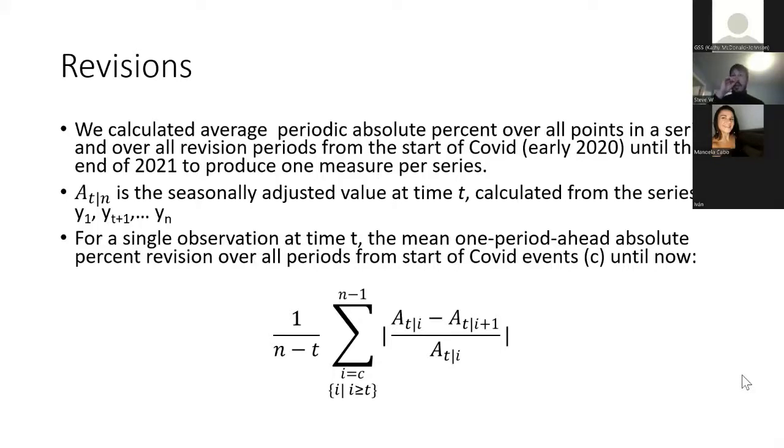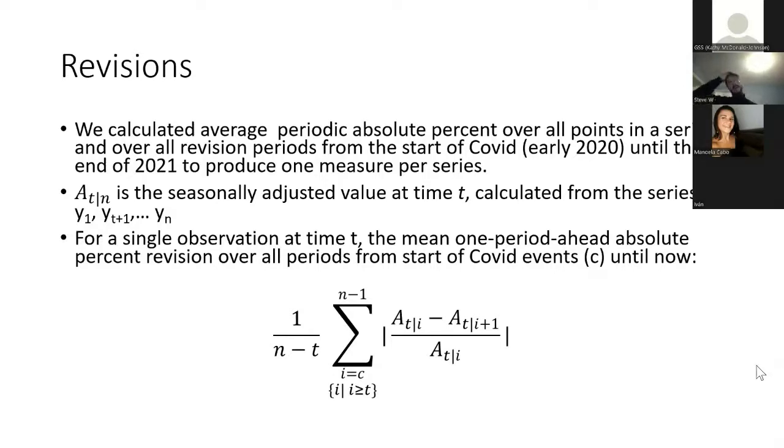I wanted to get one measure per series, since we're looking at 2,000 plus series. So I took the average period to period absolute percent revision, over all points in the series and all revision periods from the start of COVID. That was sort of the interesting period.